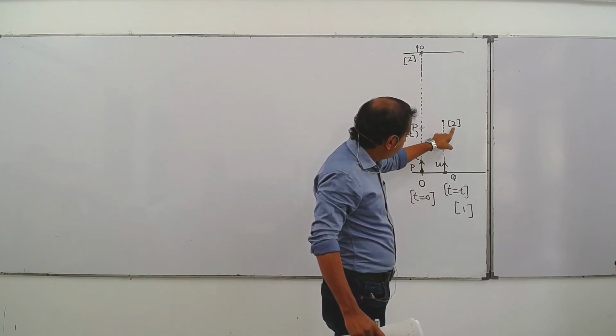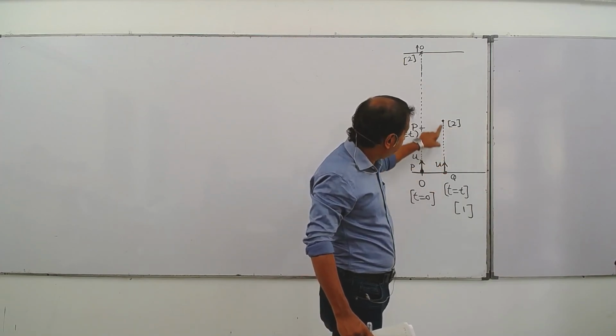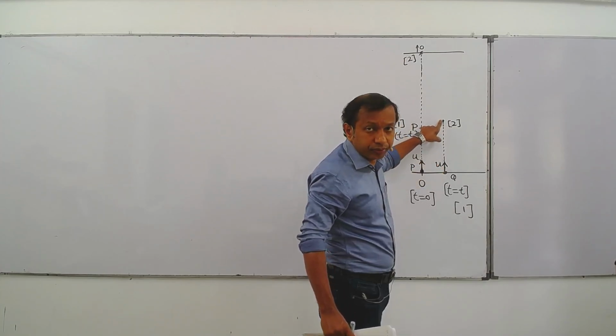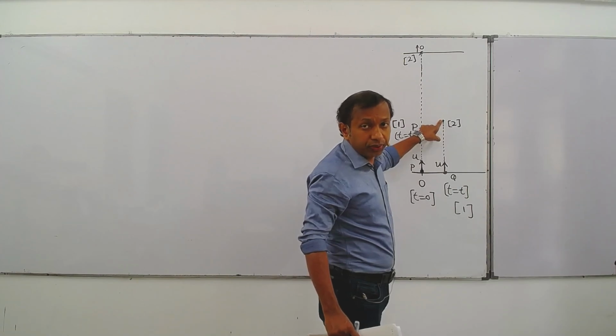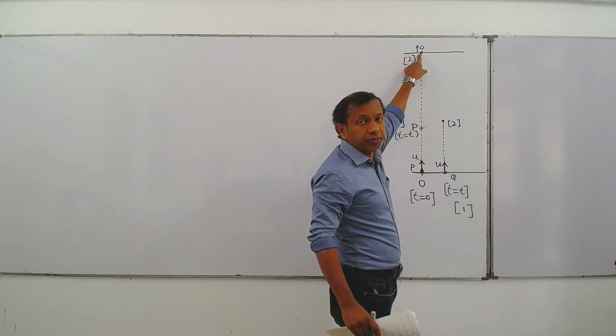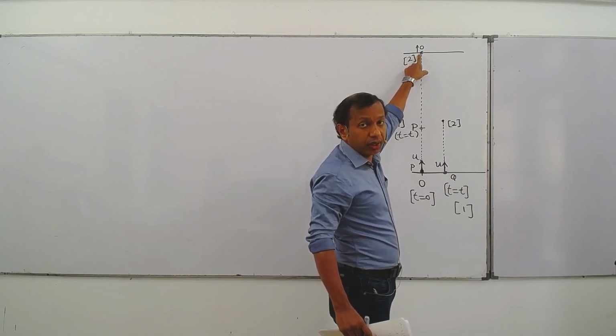Once the second instant happens, Q has moved upwards this height. At the same moment, P is at the maximum height. Then P begins to move downwards along the same line.